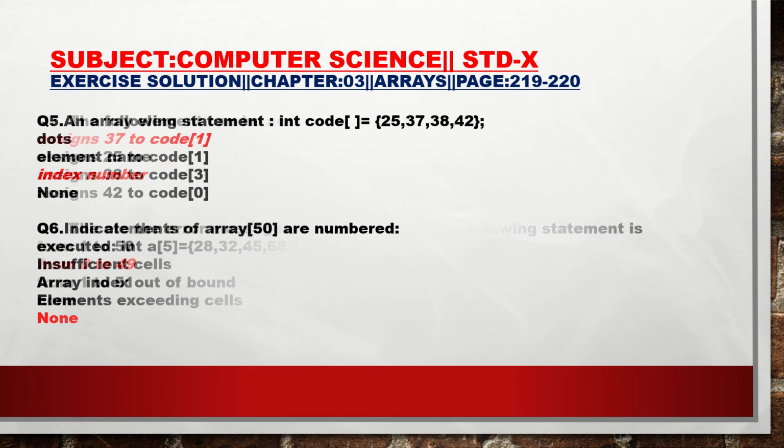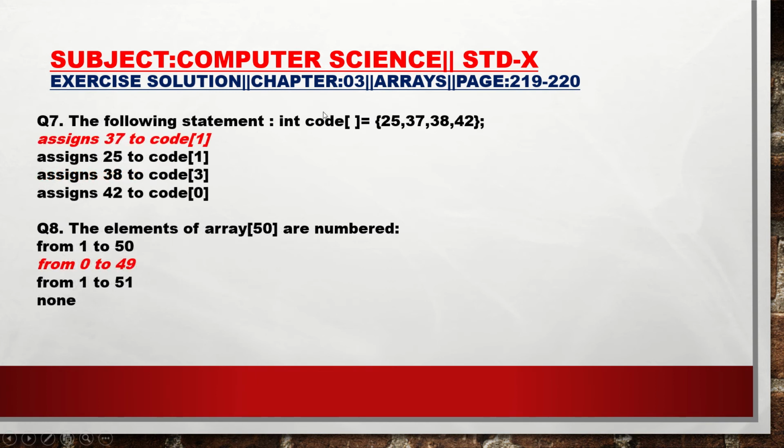Now question number 7. The following statement has an array given, int code, where code is the array variable name, having 4 elements: 25, 37, 38 and 42. Options 2, 3 and 4 are incorrect; only the first one is correct, that is assign 37 to code[1], as array index starts from 0. 0 is 25, 1 is 37, correct.